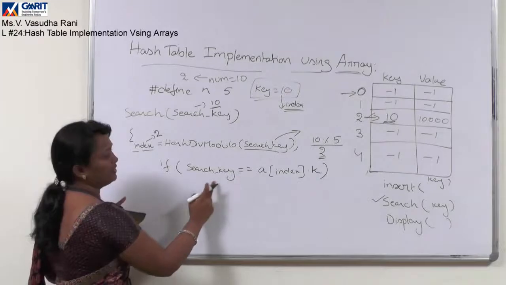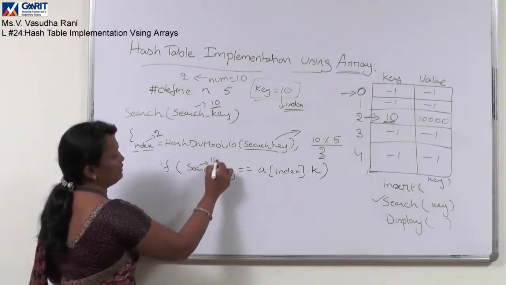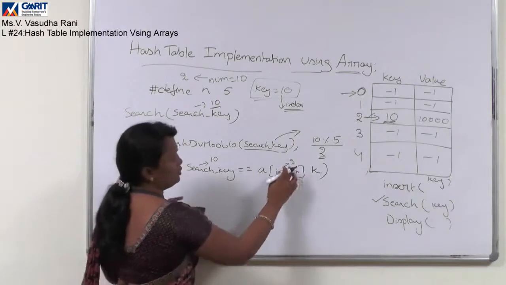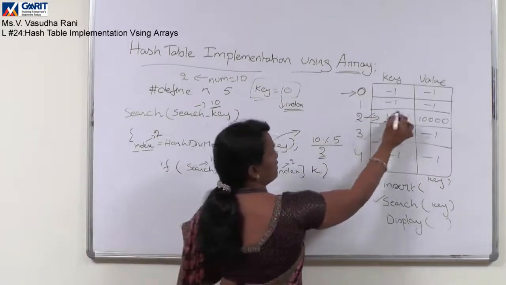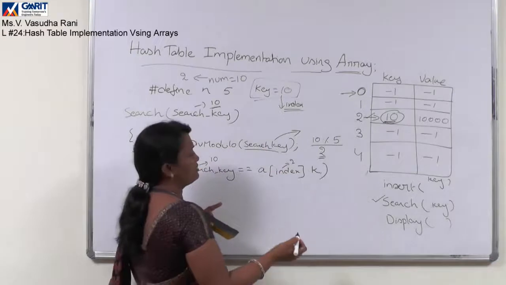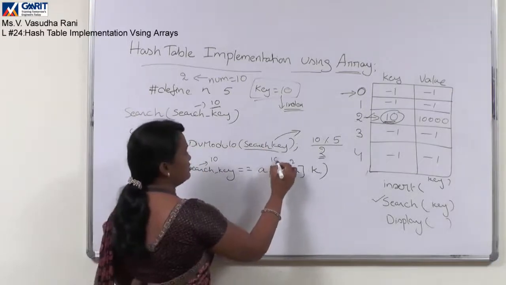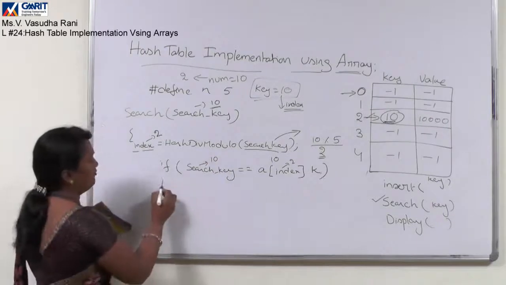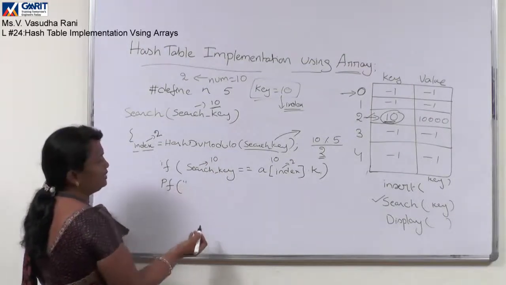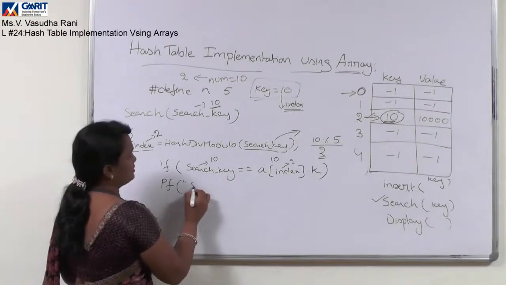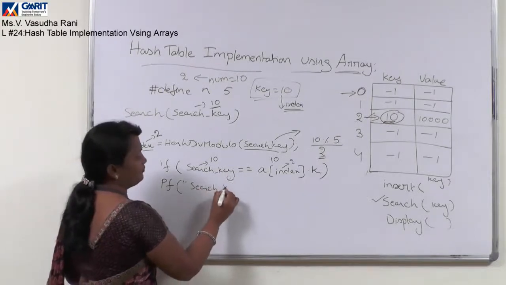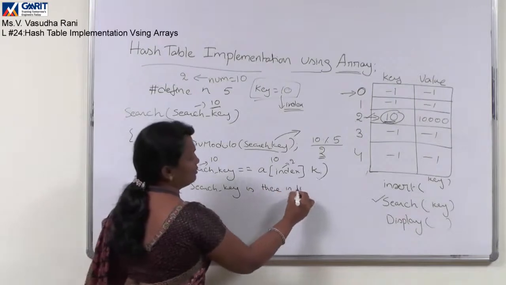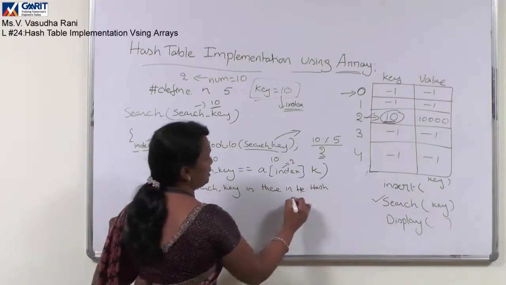These two we have to check. This is our search key, 10, and for the index 2 location we have checked the key value. Yes, it is 10. As these two are matching, we can say that the search key is there in the hash table.